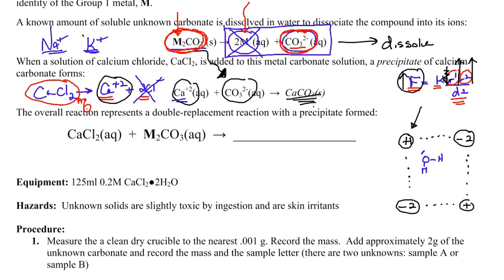What we're going to do is essentially take our free calcium ions that come from the dissociation of the calcium chloride, and our free carbonate ion that comes from the dissociation of this soluble metal carbonate, and they're going to come together and make our calcium carbonate.